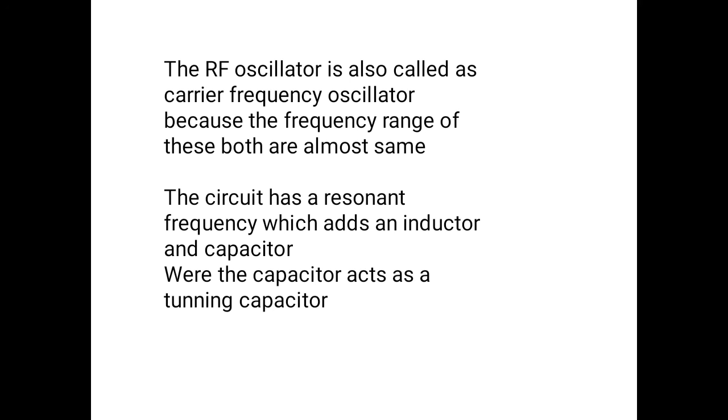The RF oscillator is also called the carrier frequency oscillator because the frequency ranges of both these circuits are almost the same, and the circuit has a resonant frequency, with an added inductor and capacitor, where the capacitor acts as a tuning capacitor and the inductor simply acts as a passage for DC components. Now we have to remember resonant frequency. Already we have learnt about resonant frequency in two types of circuits. One is series resonant and one is parallel resonant.